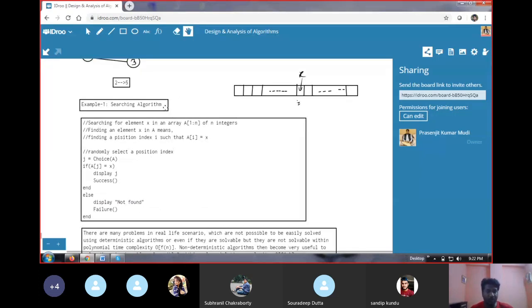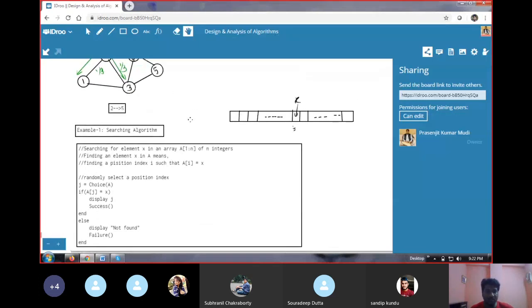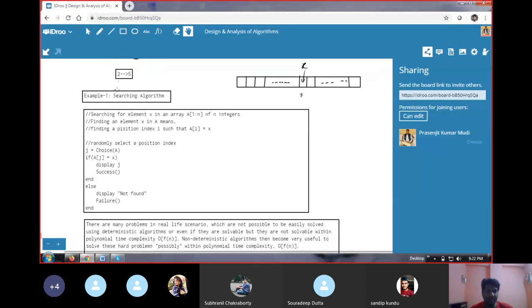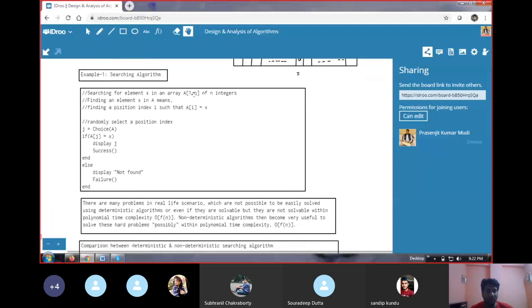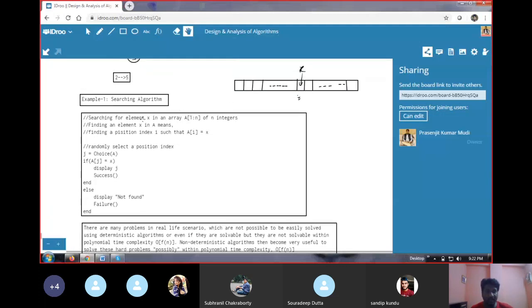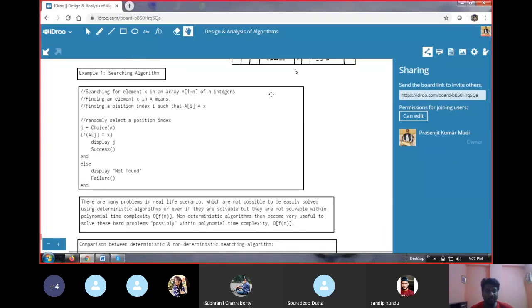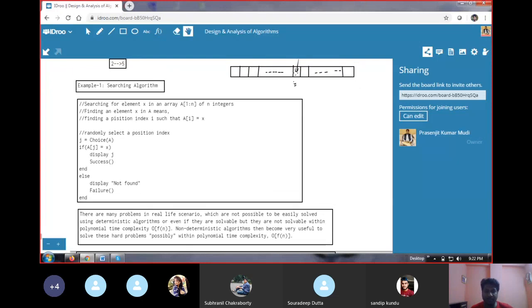We tried to illustrate the concept of non-determinism through an example of a searching algorithm, where we are trying to find an element x in a given array A[1..n] of n integers. Randomly we pick a position, and at that position we check whether the user-given value x is present or not.